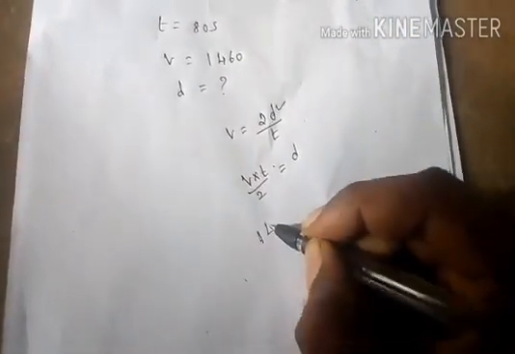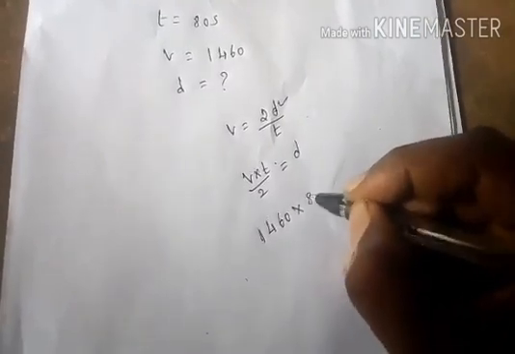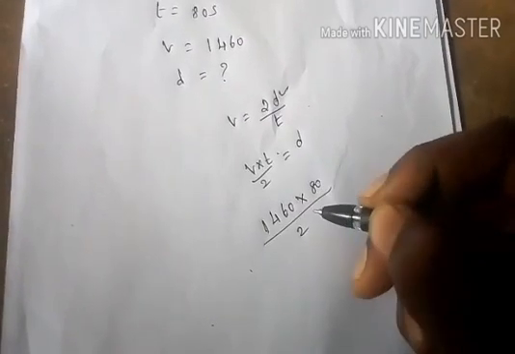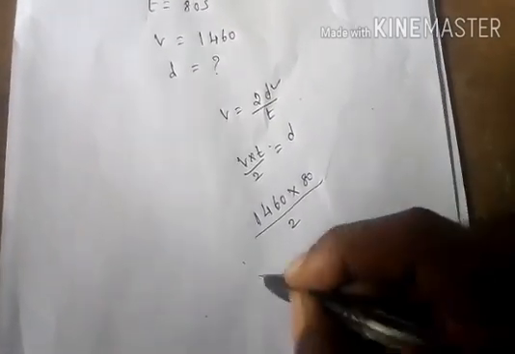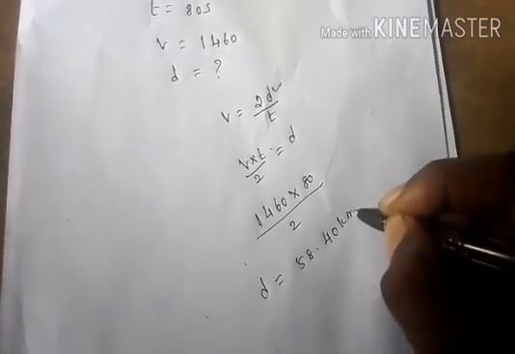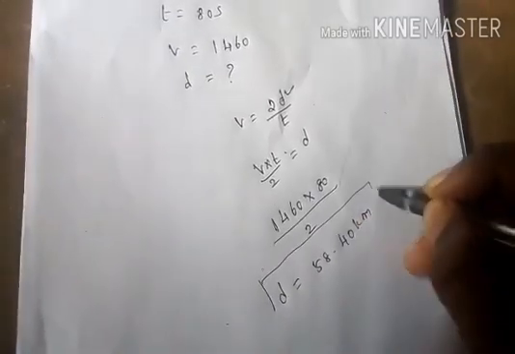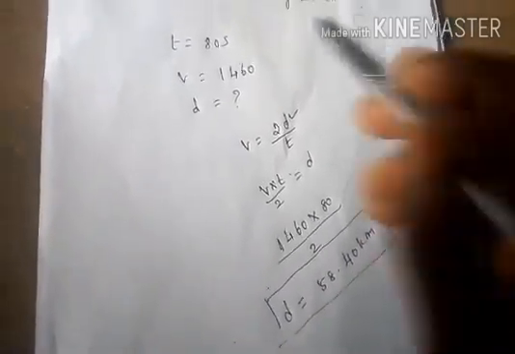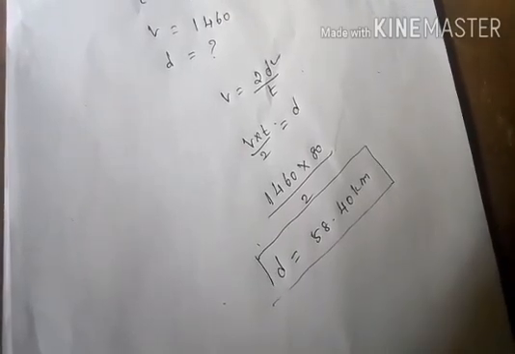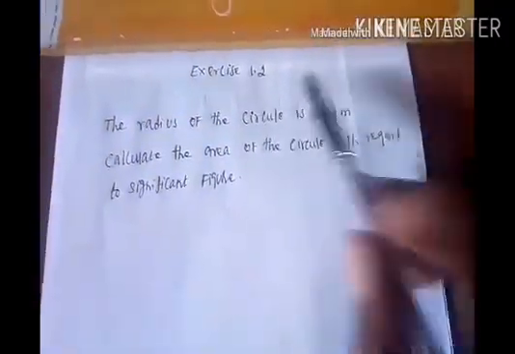So d equals 1460 into 80 divided by 2. If you multiply and divide, we get d equal to 58.40 kilometer. So the distance of the enemy submarine is 58.40 kilometer. Thank you.